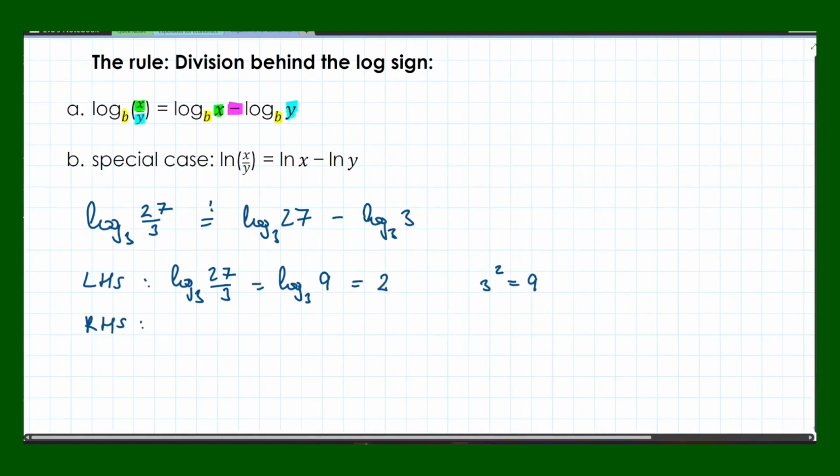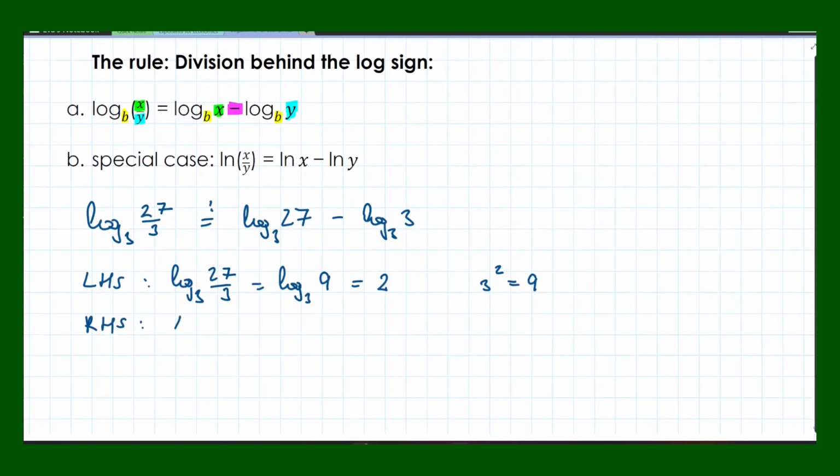Right, now let us look at the right-hand side. What's going on in there? Well, we have got log base 3 of 27, which is equal to 3, because 3 cubed is 27, and log base 3 of 3, which I know is equal to 1, because 3 to the first is equal to 3.